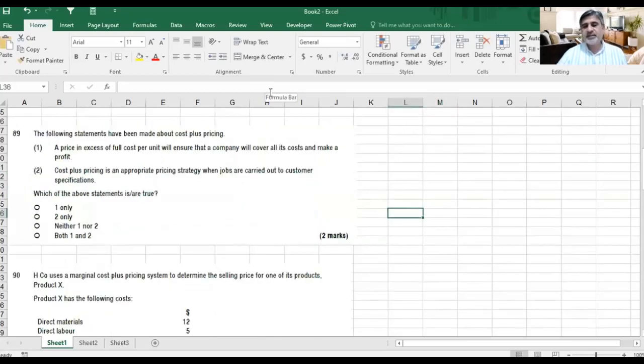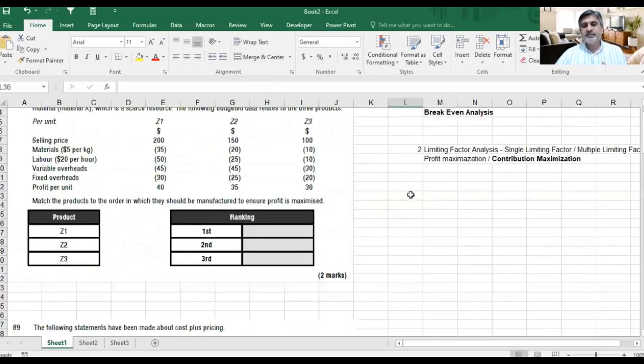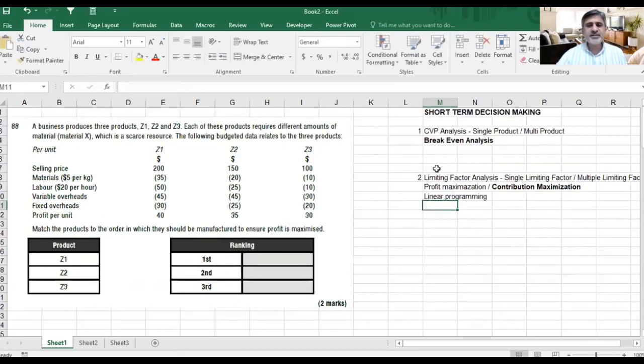Then you have a third topic, probably: make or buy decisions, shutdown decisions, shadow pricing, and so on. And by the way, this multiple limiting factor, which you do through linear programming, is very important in your F5 syllabus. So I'm going to start with these two. Why do I pick up these two?